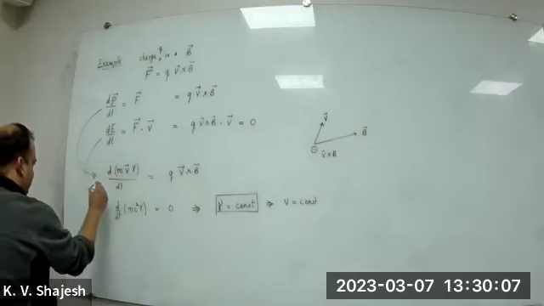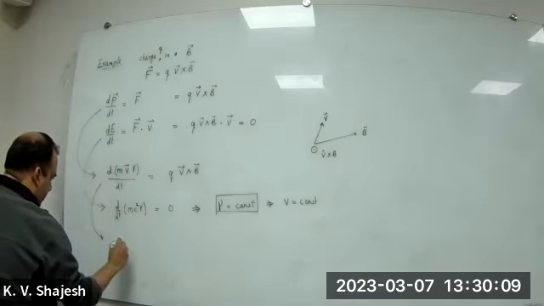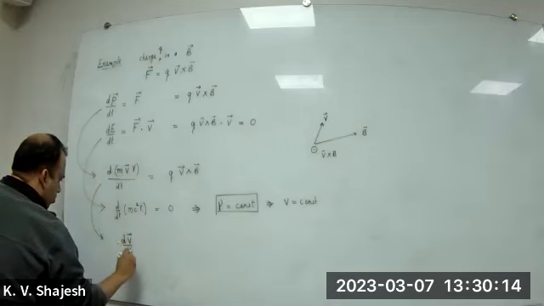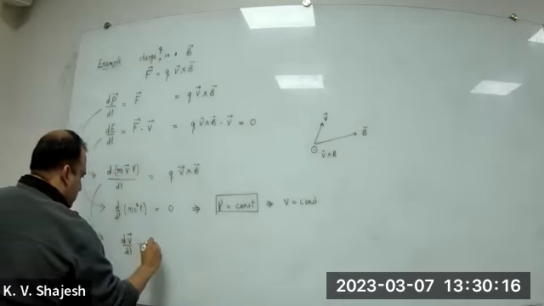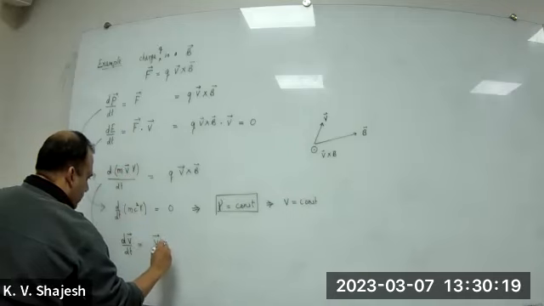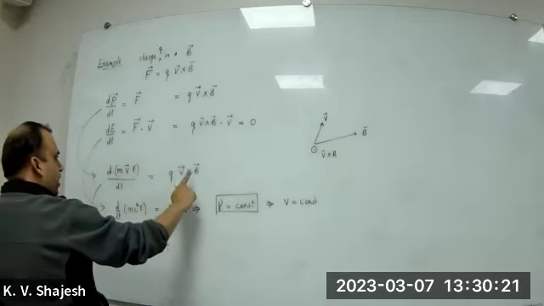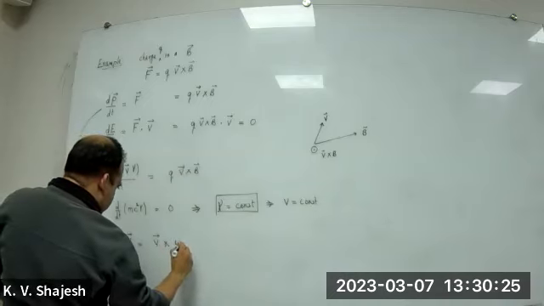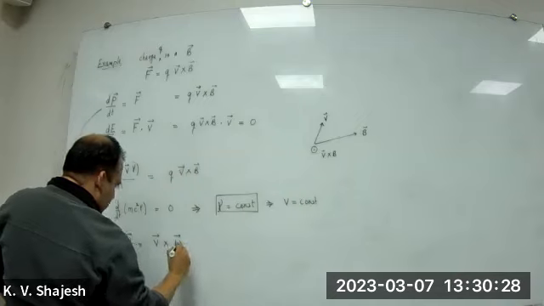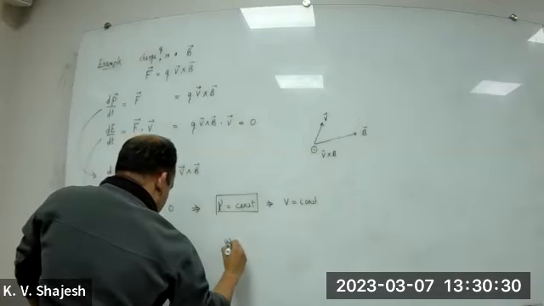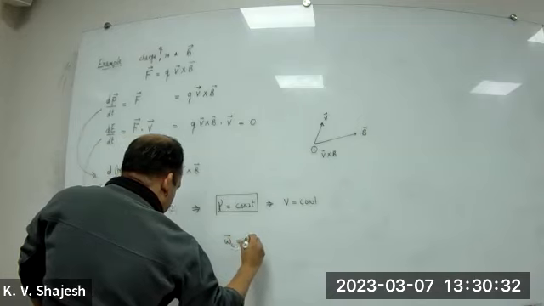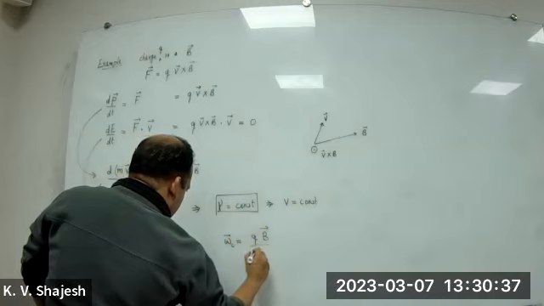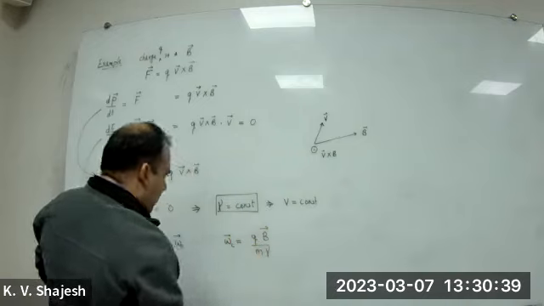So I write this, and now this step written again: dv/dt is equal to v crossed with Q times B over m times gamma, which I write as a vector omega, where omega is Q times the magnetic field over m times gamma.